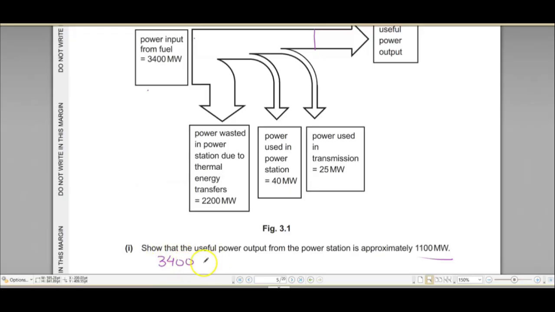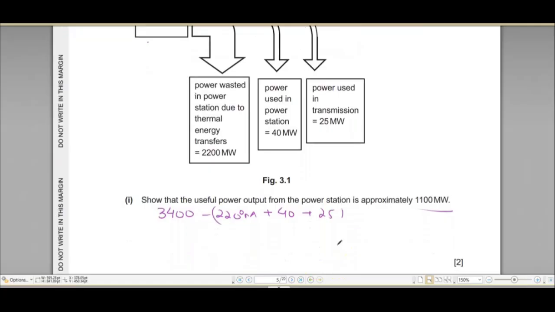So 2200 megawatts, plus 40 megawatts plus 25 megawatts has to be subtracted in order to see what the useful power output is, and whether it is equal to 1100 megawatts. Okay.